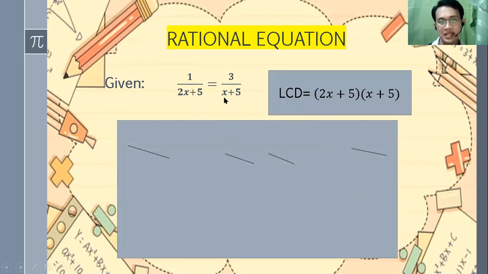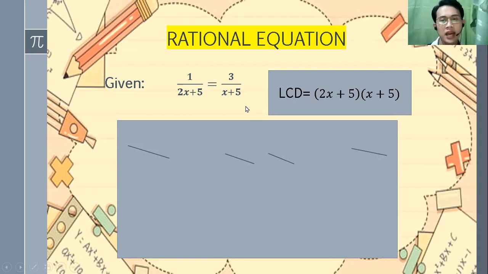First is to find the LCD, which is the quantity of 2x plus 5 times the quantity of x plus 5. Sir, how did you determine the LCD of this given equation? Well, you need to look at your denominators here. As you can see, we have 2x plus 5 and x plus 5.